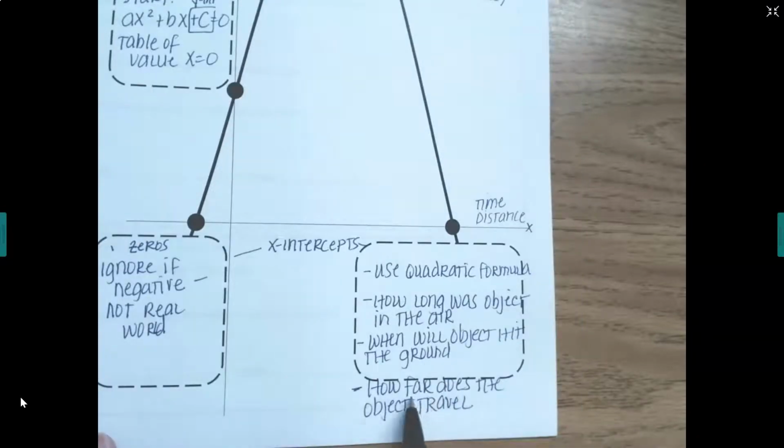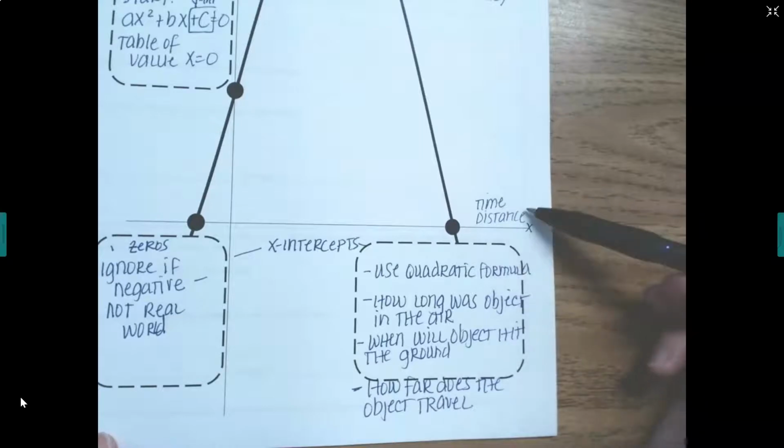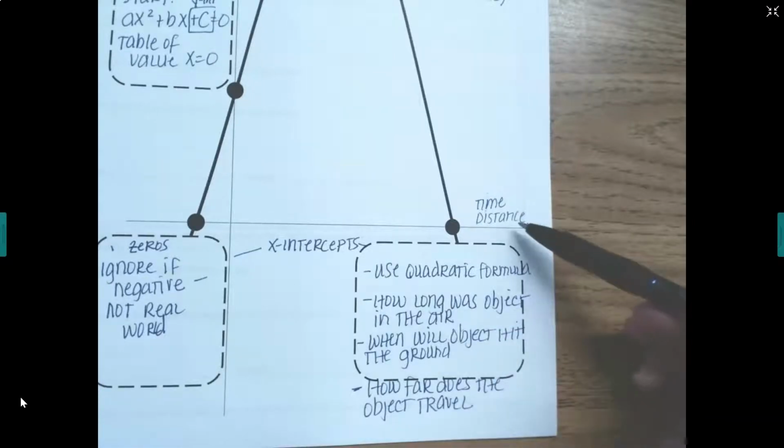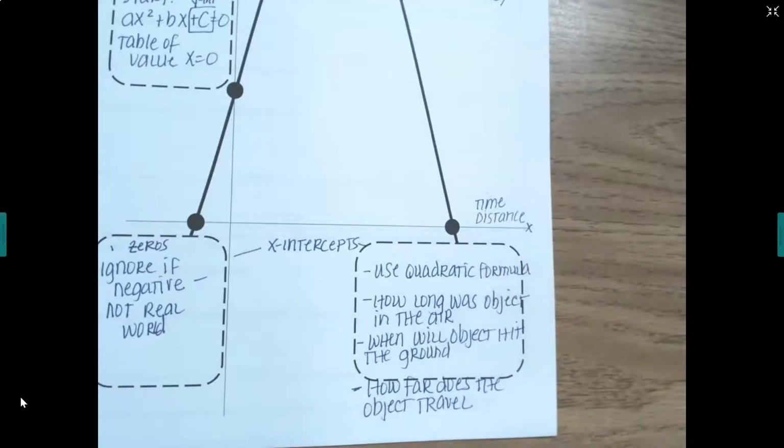Or the final question could ask how far does the object travel? The first two questions are referencing time, but your x value could also be distance, and so that question would be asking how far does the object travel? All three of these questions can be answered by knowing this point, which you'll get using the quadratic formula.